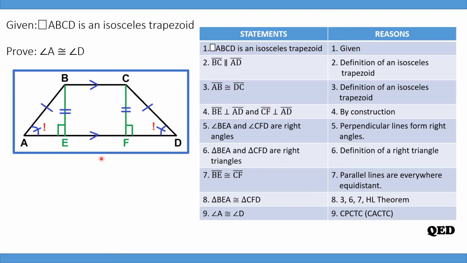So triangle BEA is congruent to triangle CFD because of the hypotenuse leg theorem, or HL theorem, using statements 3, 6, and 7. Finally, our conclusion is obtained. Angle A is congruent to angle D by CPCTC, or particularly CACTC. QED.